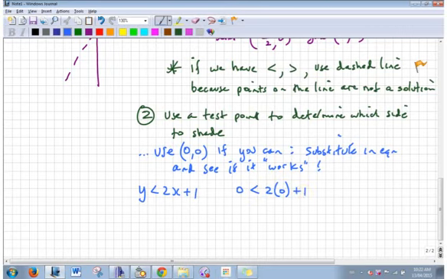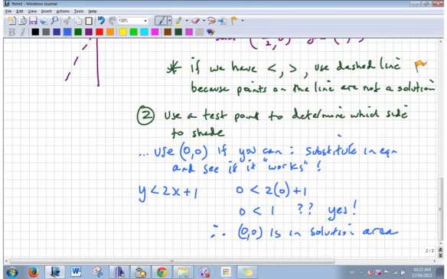Does that work? Let's simplify it. What's 2 times 0? 0 plus 1 is 1. Is 0 less than 1? Yeah, of course it is. Would you rather have no bucks or $1? I'd rather have more money. 0 is less than 1. So therefore, 0, 0 is in the solution area.